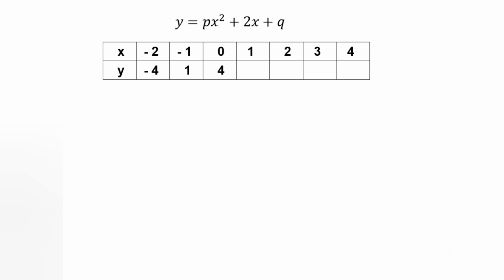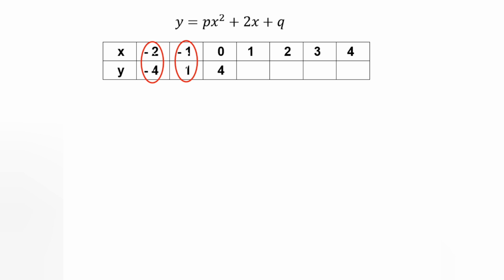We can either choose -2 for x and -4 for y, and also -1 for x and 1 for y. Then we substitute, and at the end of the day we get two different equations, that is, simultaneous equations. Then we solve them and find the values. But in our case, I will prefer using -1 for x and 1 for y, and then 0 for x and 4 for y. That will be easy.